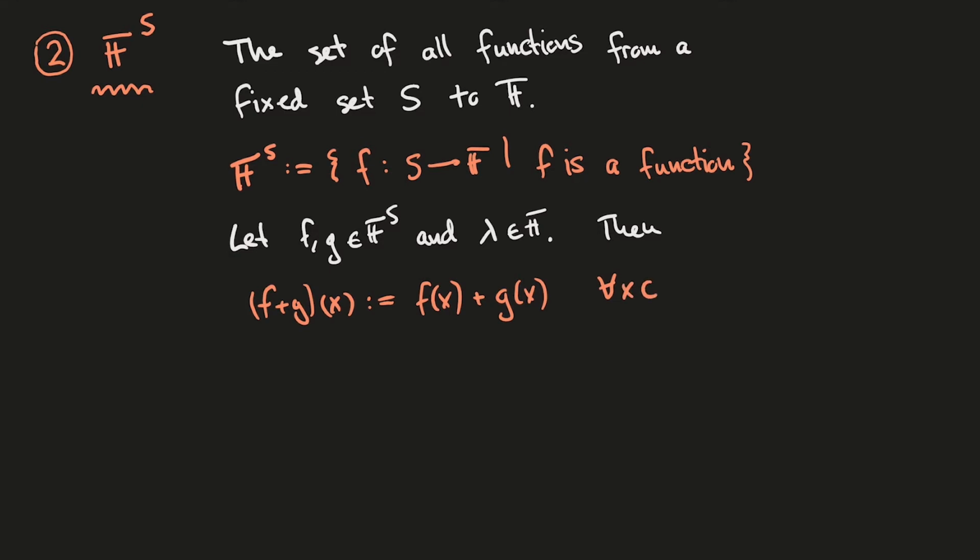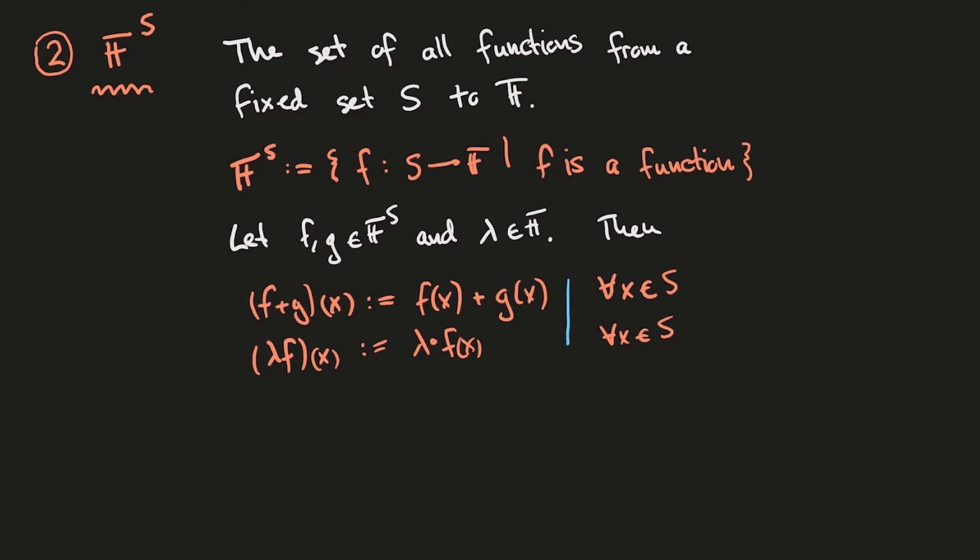And we do this for all elements x in S. And similarly, we define the function lambda f of an element x to be lambda times f of x. And this is again for all elements x in S.